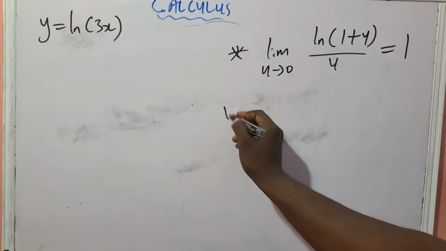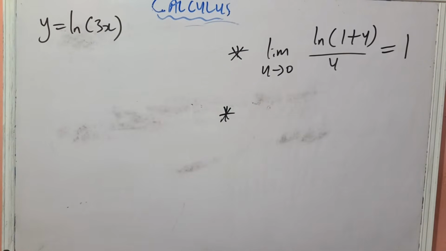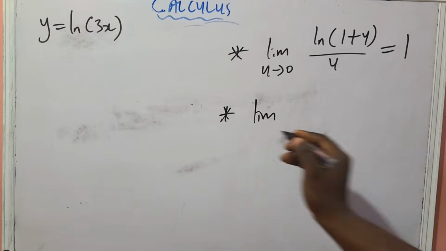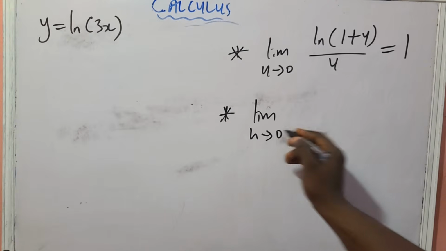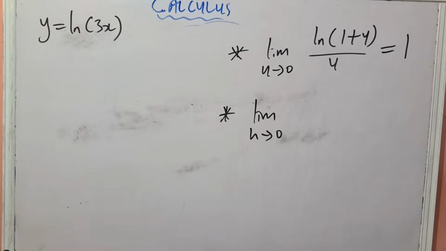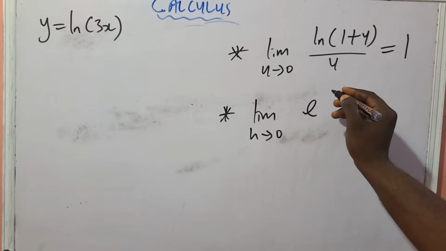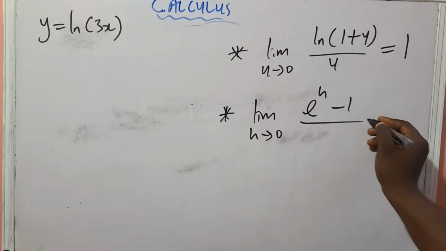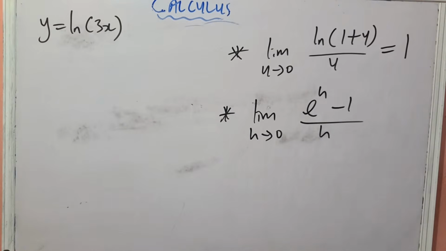Number 2, I want you to note also, you can write all this somewhere so you can easily call it back. If you have the limit of, let's use another alphabet now, h tending to 0 of e raised to power h minus 1 over h. Look at the difference.